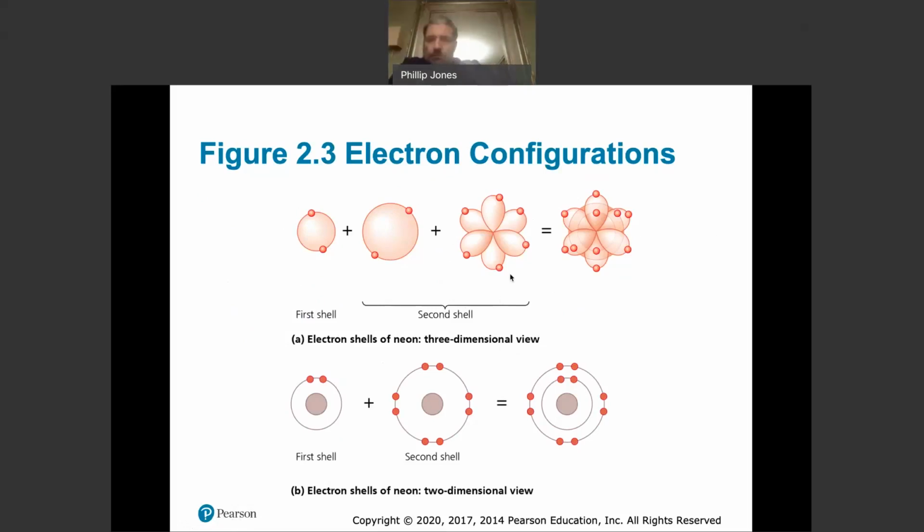If we're talking about quantum physics, this thing is in 2 different places at the same time, and just observing it is going to change its behavior. We won't even get into that. But here's our first shell and our second shell, and we have our valence or octet rule. So it's always going to be 2 and then 8. This is the first shell, and this one's around it. So here is 2 and then 8 and then 8 for the octet rule.